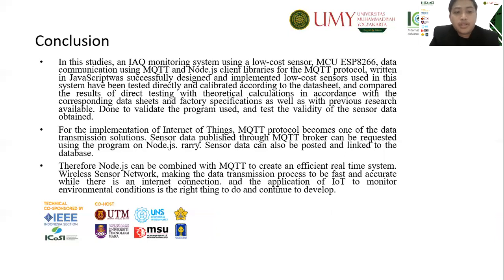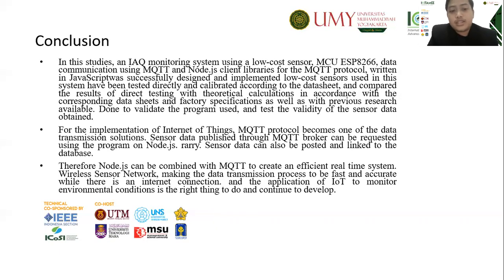For the implementation of the Internet of Things, or IoT, the MQTT protocol becomes one of the data transmission solutions. Sensor data is published through the MQTT broker, and the broker can be requested using a program with the Node.js library. Sensor data can also be posted and linked to the database.